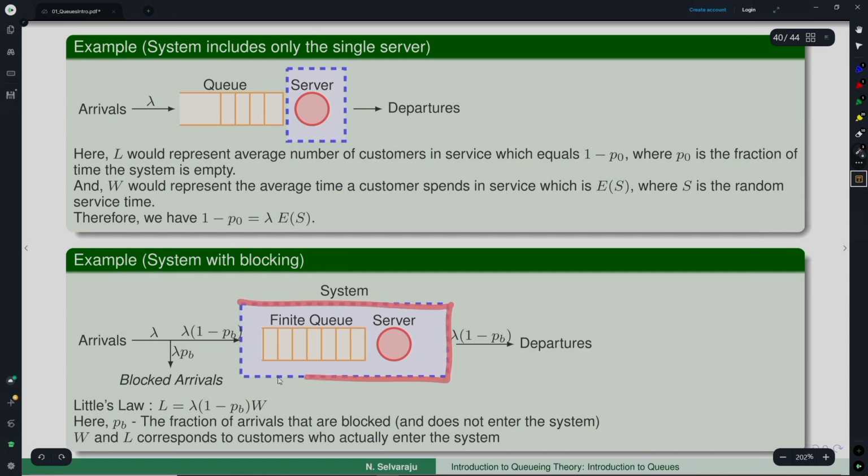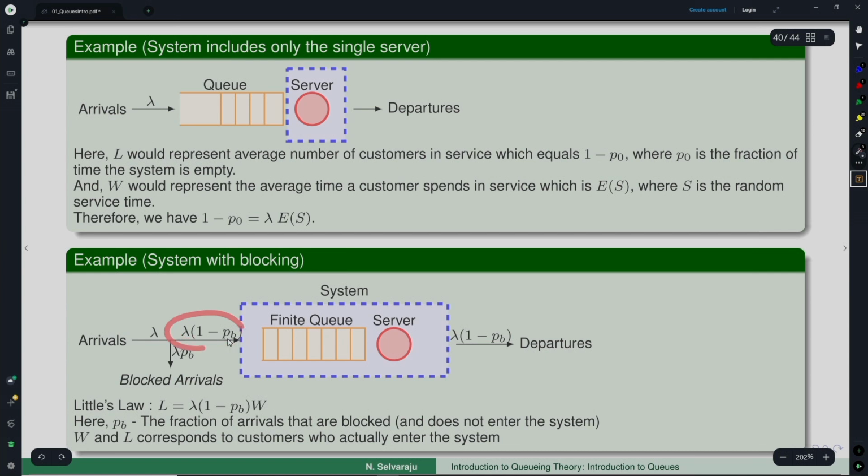Out of all those arrivals that happen at the rate lambda, some proportion of those arrivals will not be able to enter the system, and that is what we call blocked arrivals, and PB is the fraction of arrivals that are blocked and hence do not enter the system. So, this is the proportion out of this lambda.